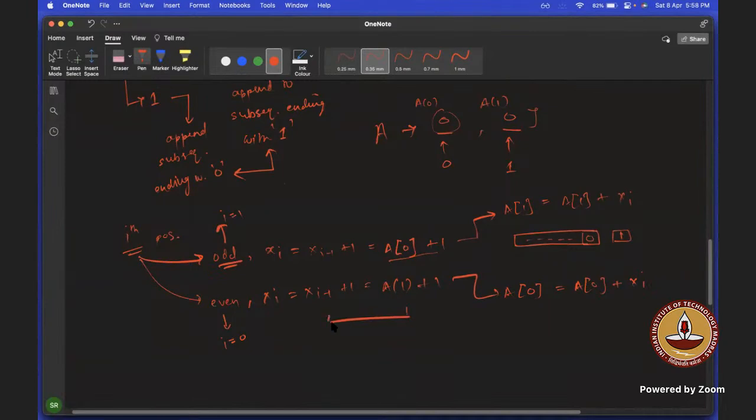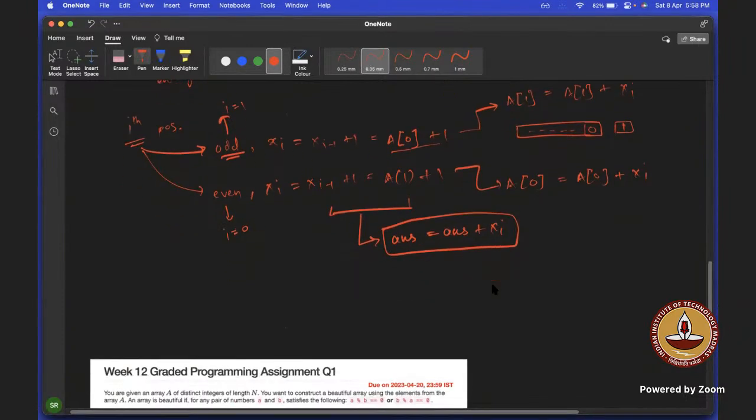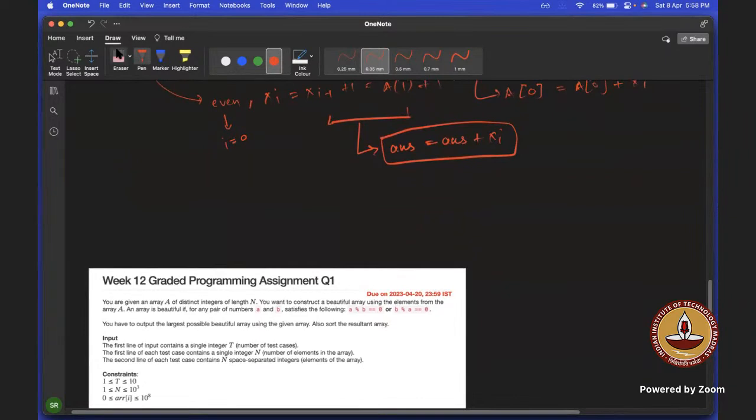In our final answer, we'll just add xi for both the operations, because we are maintaining all those possible subsequences for all i's. So at each i, we have to update our answer. So this is how we update the answer. I hope it's pretty clear right now. Let's write a pseudo code.